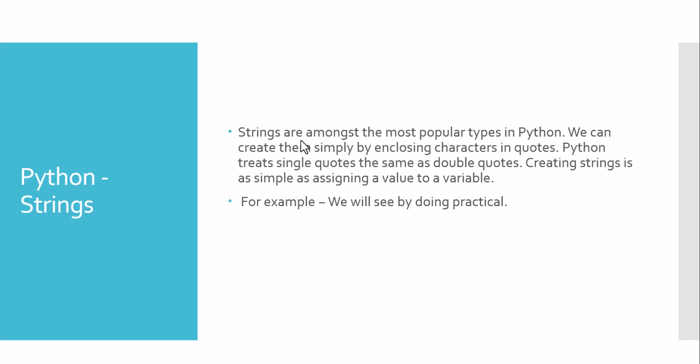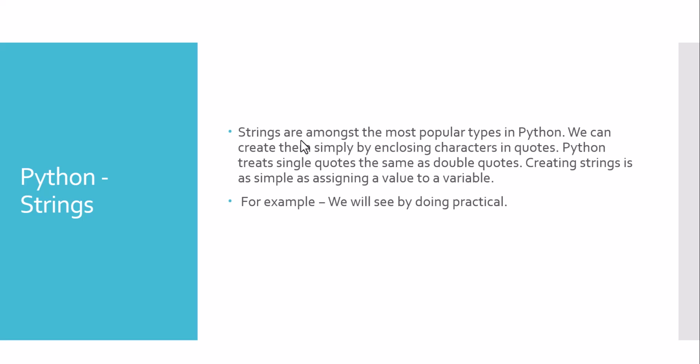Why is it most popular? Because we are using it for general purposes, like defining the variables, defining the methods and all the things. So strings we are using always.